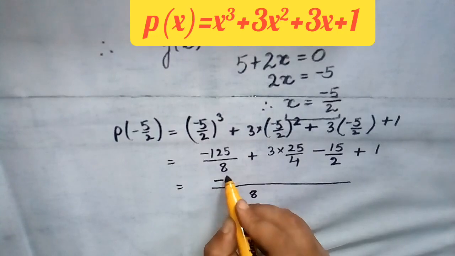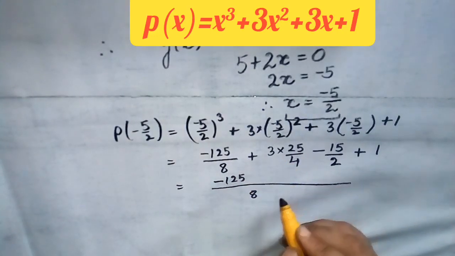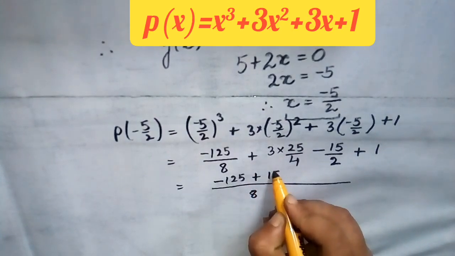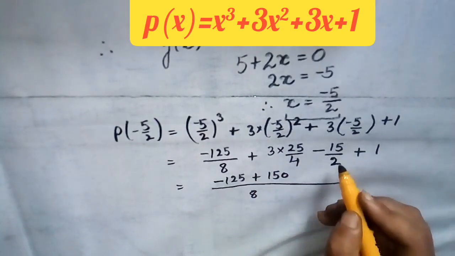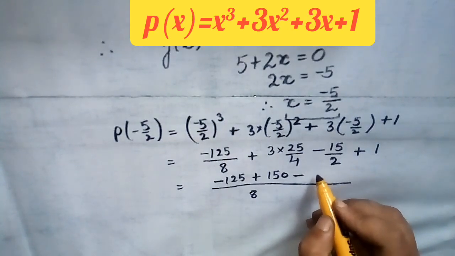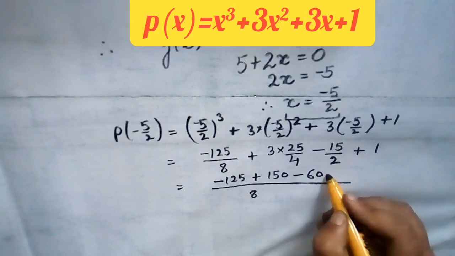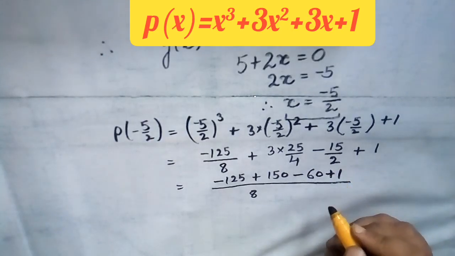Now 8 ones are 8, so minus 125. 4 twos are 8, so 25 times 3 is 75, multiplied by 2 equals 150. Minus 2 fours are 8, so 4 fifteens are 60, plus 1.